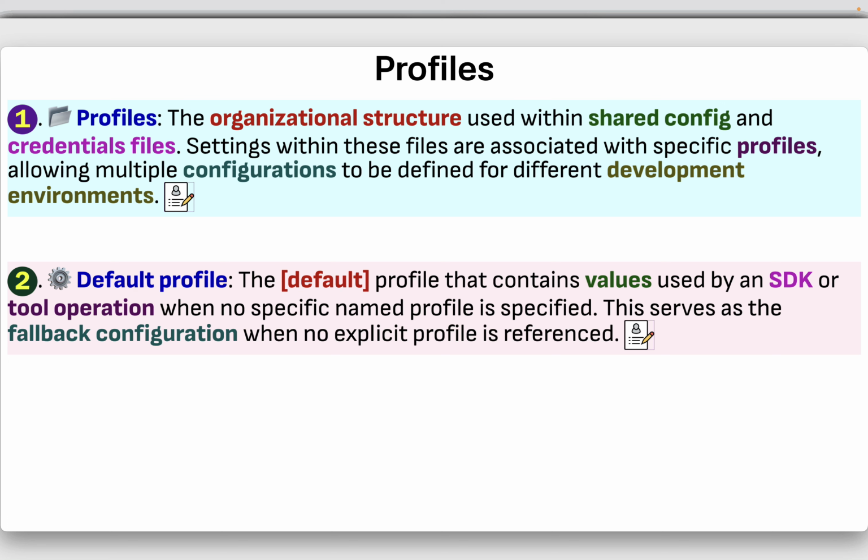Then we have something called the default profile, and we use the default keyword. This contains values used by an SDK or the tool when no specific named profile is specified. This serves as the fallback configuration when you don't provide any explicit profile. So if you don't provide one, automatically this will be taken into account.